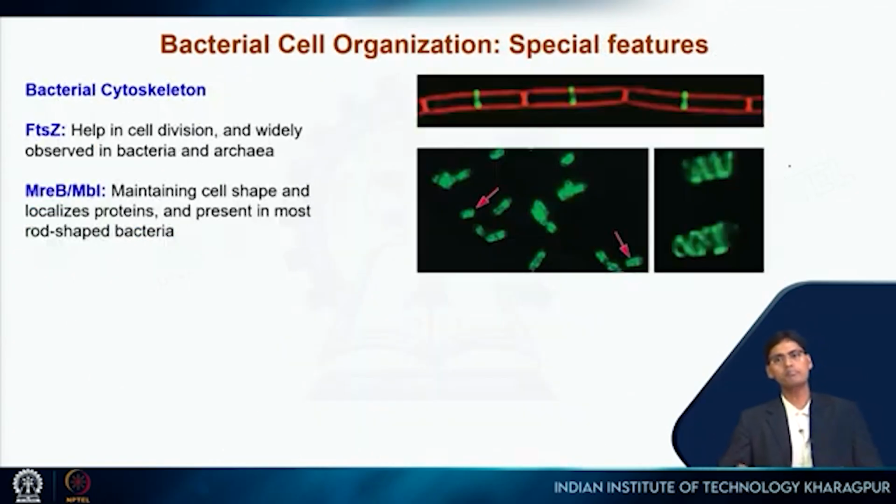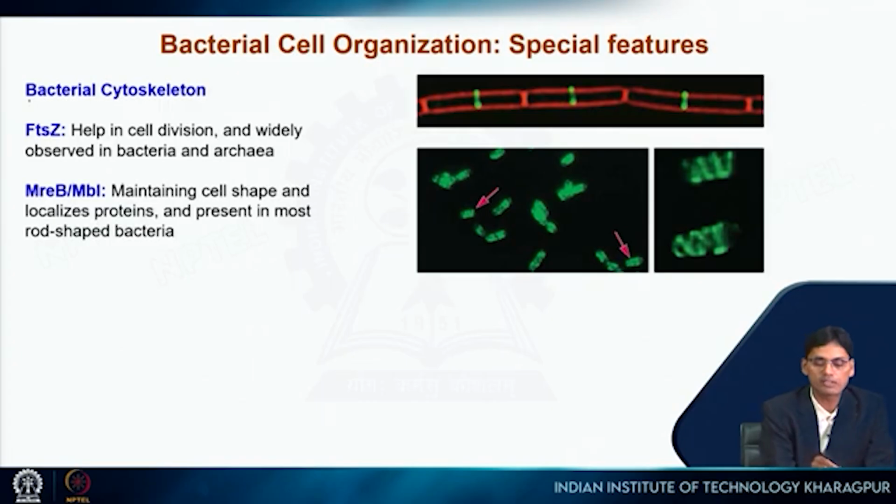That's all. Now, some special features of bacteria I am going to discuss. We know a cytoskeleton is present in eukaryotic cells, for example microtubule, actin and intermediate filament, but current research has revealed that bacteria also have some cytoskeletal material, as you can see, this one, FtsZ.